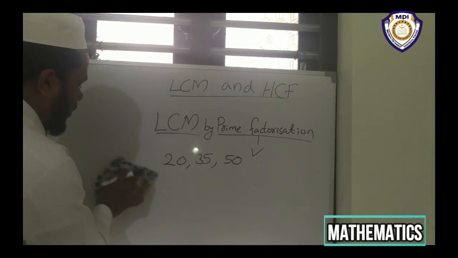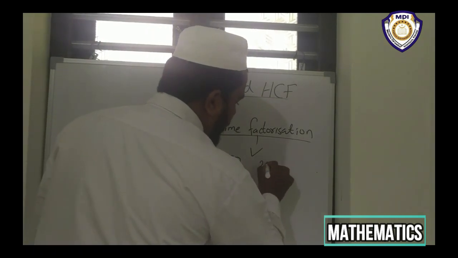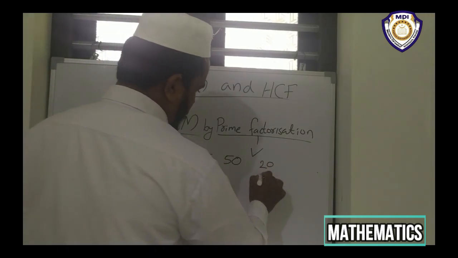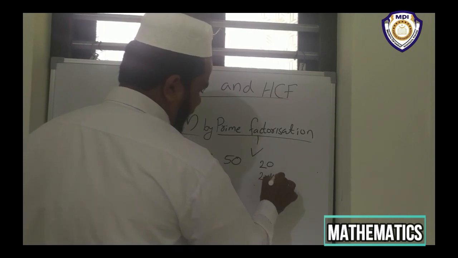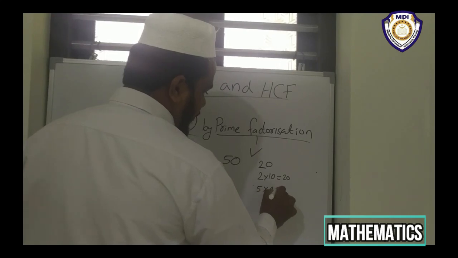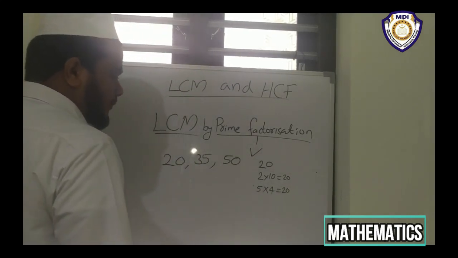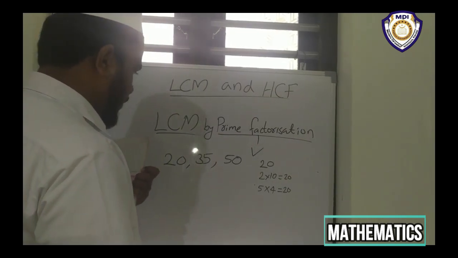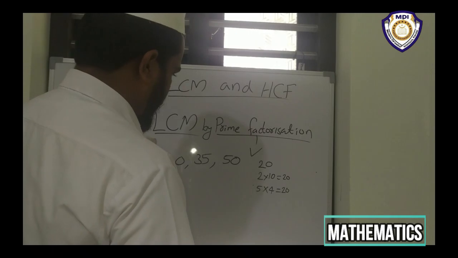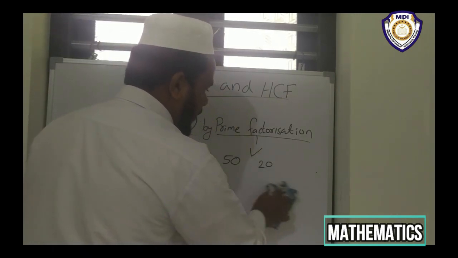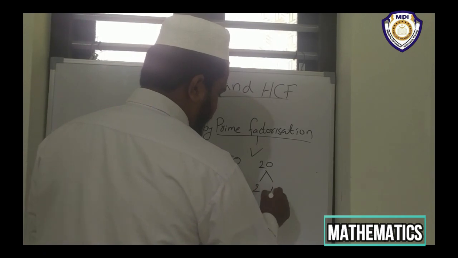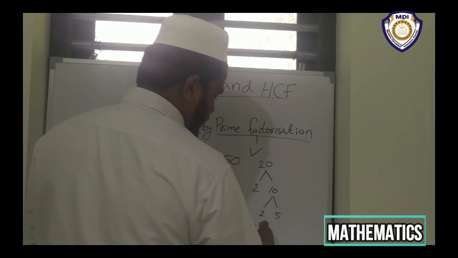Let us write here 20. Two into 10. Let us use the simple tree method to find the factors.